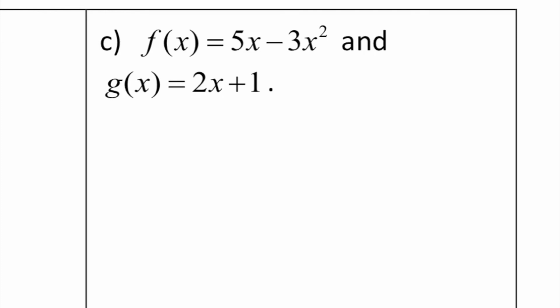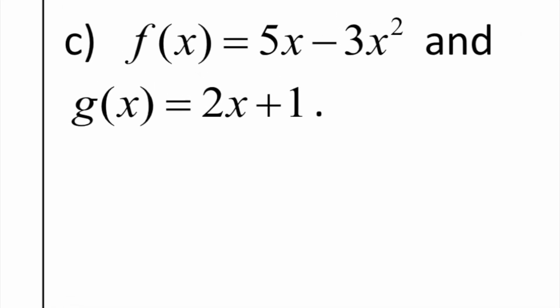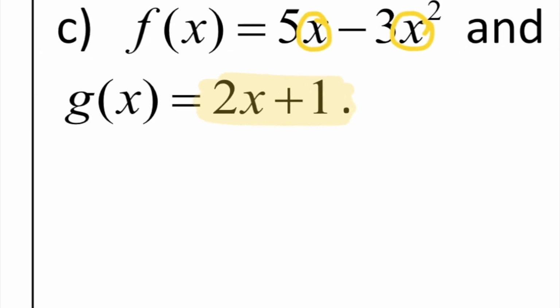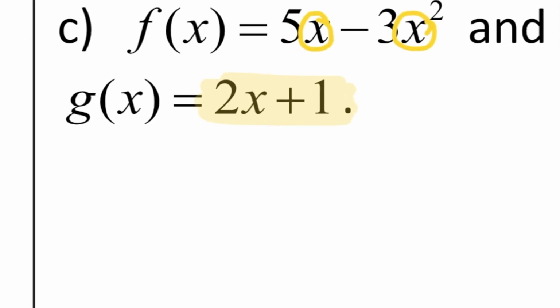Anyway, to finish up number 21, letter C, we are going to substitute g of x into the places where there are x's in the function f. And so I'm going to start by writing f of g of x.